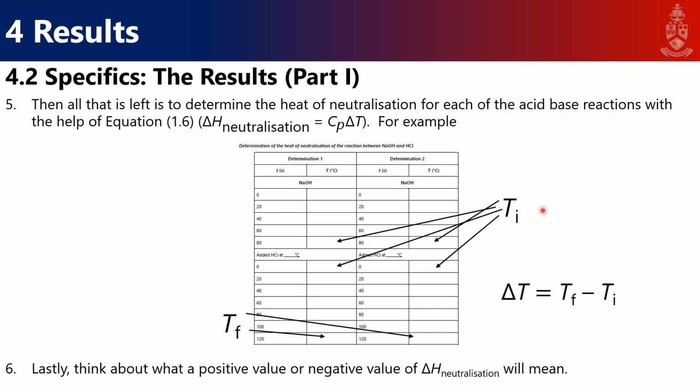If you saw a temperature increase and you get a positive value for delta H, does that make sense? Do these two things correlate? Do we expect a negative value for delta H? What is delta H a measure of?